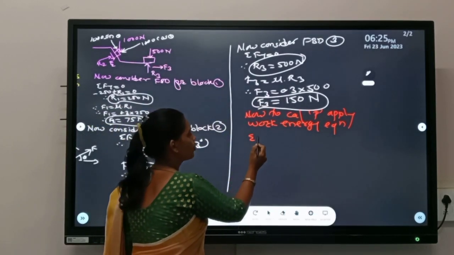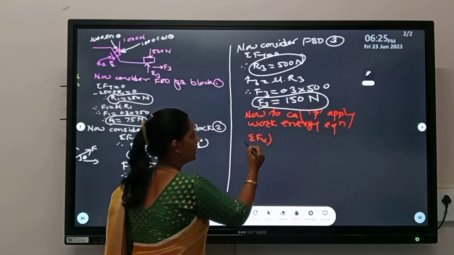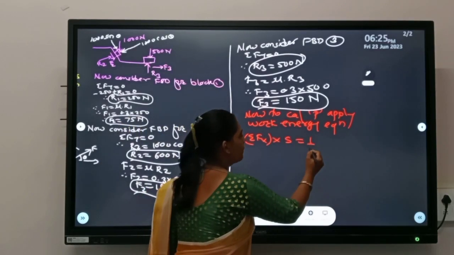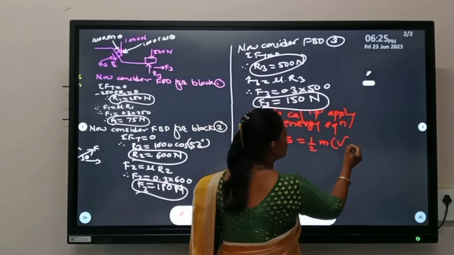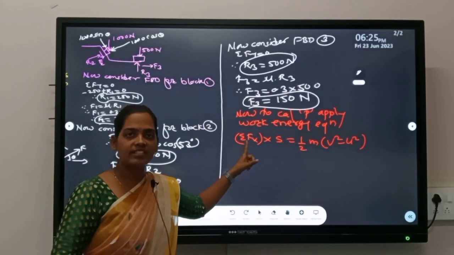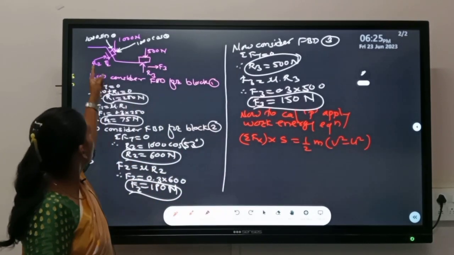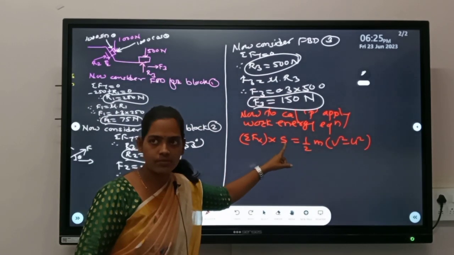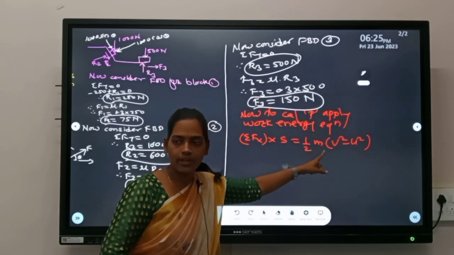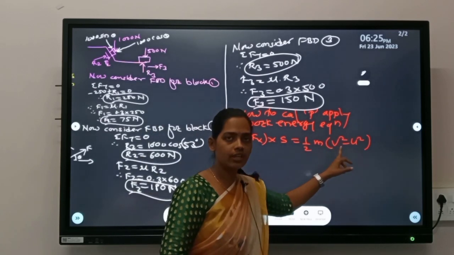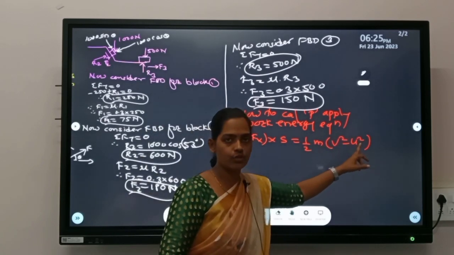Summation of all the horizontal forces into displacement S is equal to half m into v square minus u square, where summation F of x is summation of all the horizontal forces along the plane, S is displacement, m is mass of the body which is replaced by W by g, v is the final velocity of the block and u is the initial velocity.